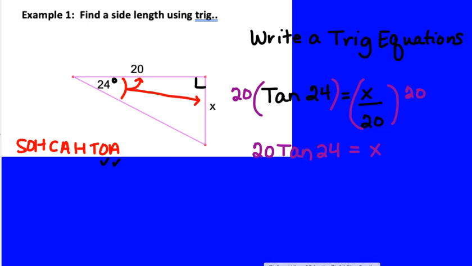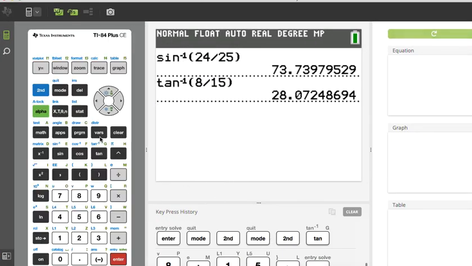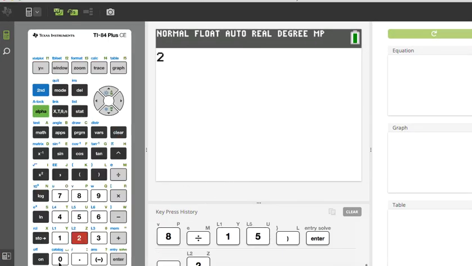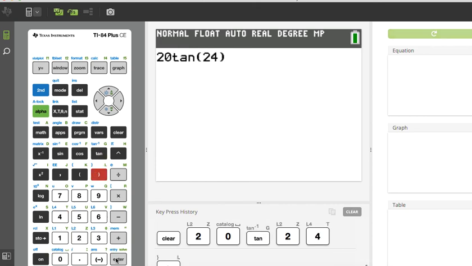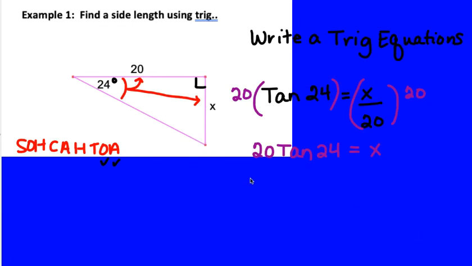So I grab my calculator and type in 20 tan 24. And that's going to give me 8.9 approximately. So x is 8.9. Now if I needed to find the hypotenuse, I could, because now I could use the Pythagorean theorem. Okay?